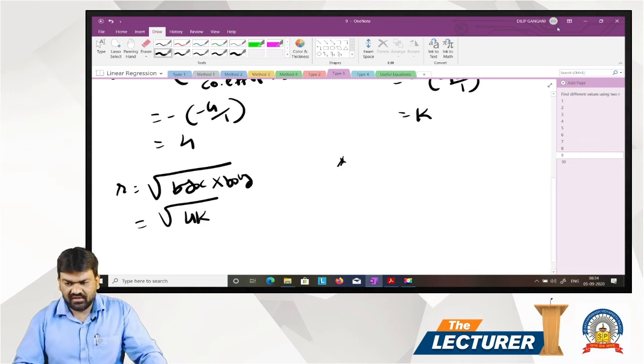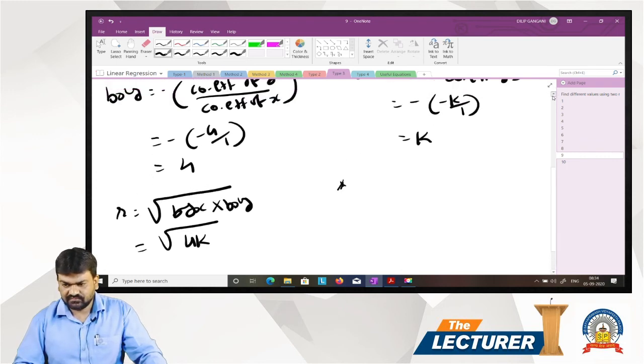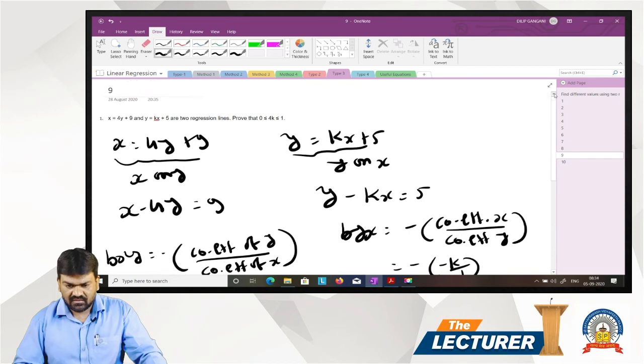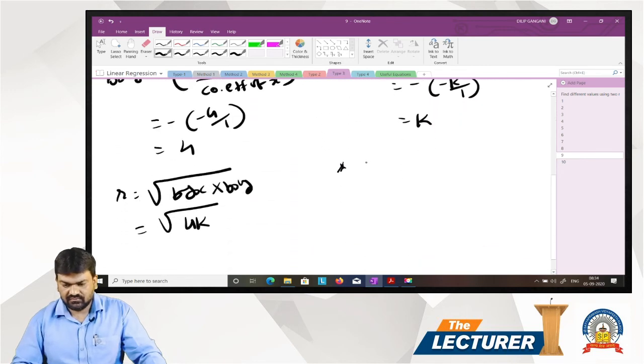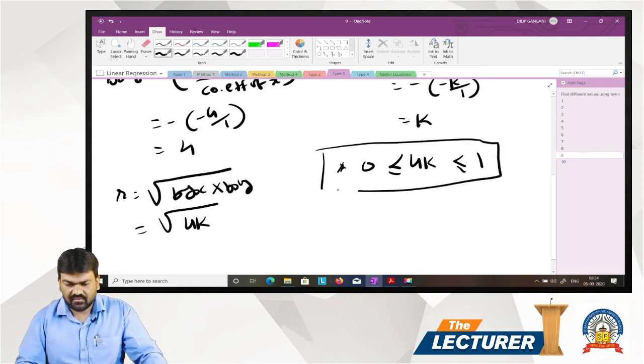We have to prove that 0 lesser than or equal to 4k lesser than or equal to 1, because here we find r square, not r.